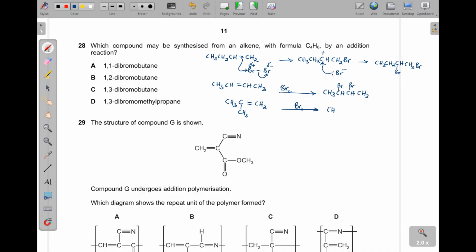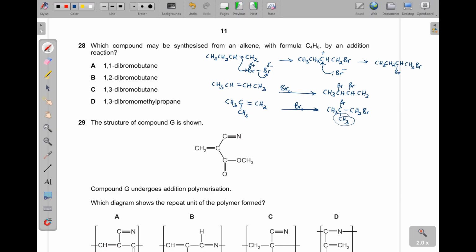Then if we add bromine again here, we just attach a bromine here and then there. So we shall get CH3, C, Br, then CH3 here, and then CH2 Br. Okay, so this one is going to be a methylpropane. Because you cannot say that this is 2-methylpropane, you cannot have 1-methylpropane.